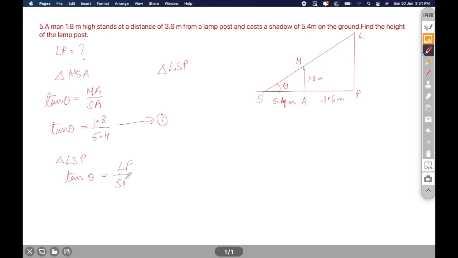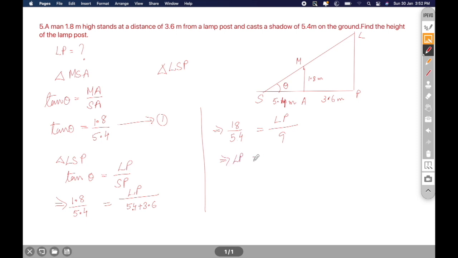And in the other triangle, that is triangle LSP, we have tan theta equals LP by SP. Value of tan theta can be substituted from equation 1 as 1.8 by 5.4. LP is to be found out and SP is 5.4 plus 3.6 meter. 18 by 54 equals LP by 9.